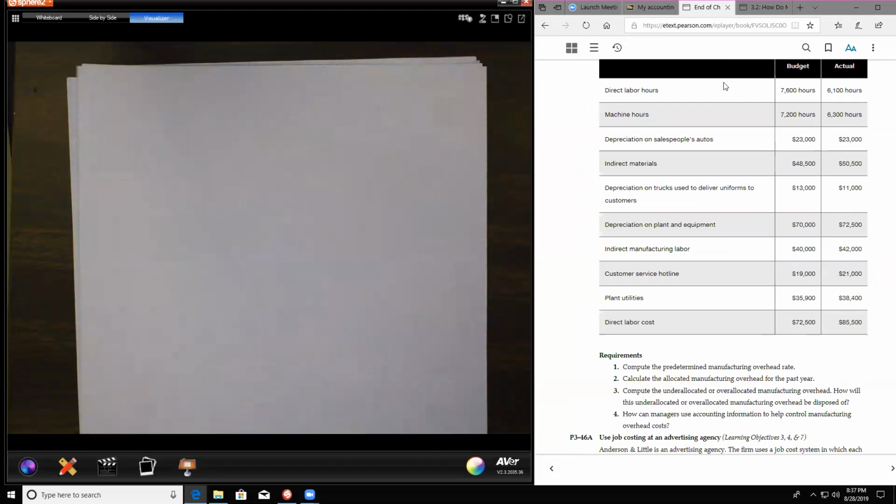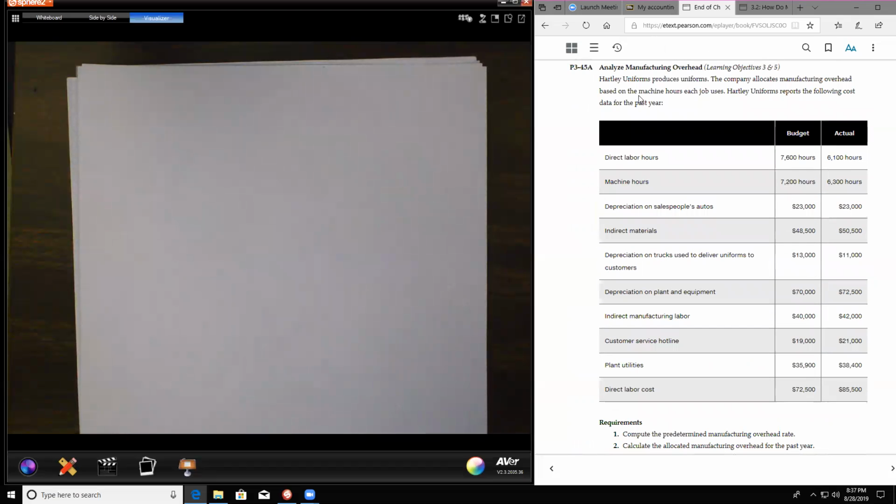The question said we need to get all of the estimations for the first part, so we need to use the budget, right? We need to find out what the manufacturing overhead is. And the question also told us to allocate your manufacturing overhead based on the machine hours.